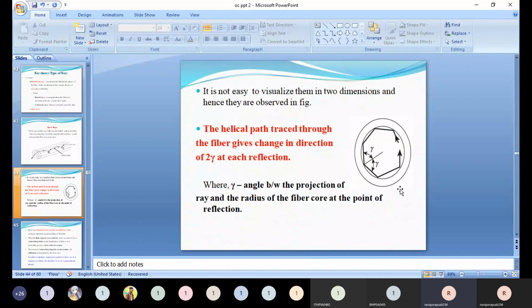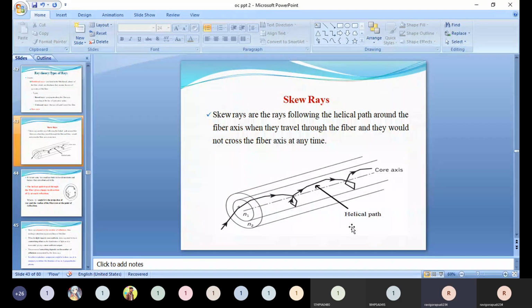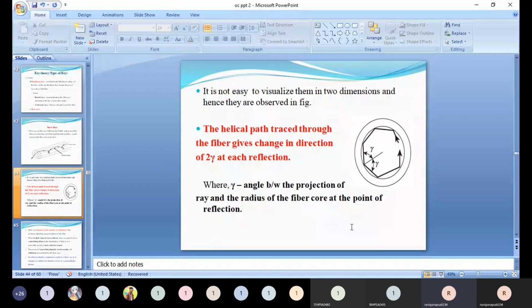You can draw this one also. This is a 2-dimensional way, otherwise cross-sectional way. In the previous diagram, we can't identify exact reflections, but here you can identify this ray path.